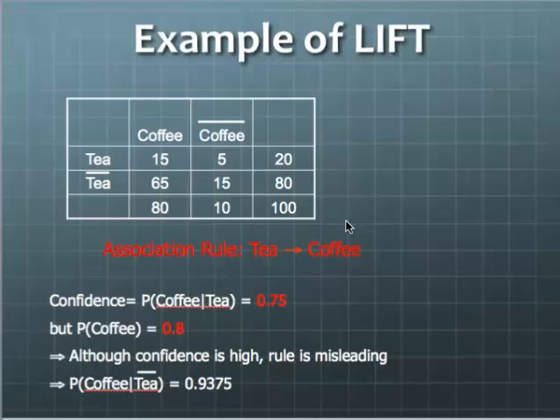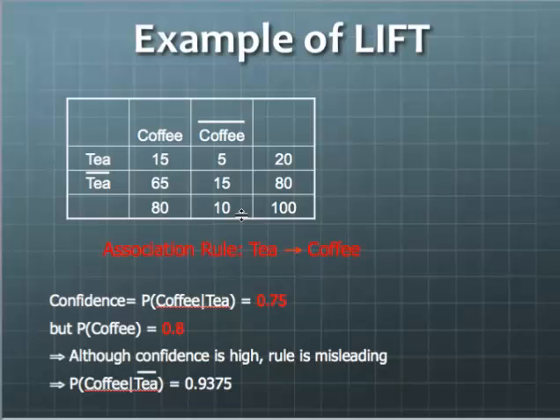And the confidence of the rule, when tea exists and coffee also exists, is 15 divided by 20, which is 75%. So both of these values are reasonably high.